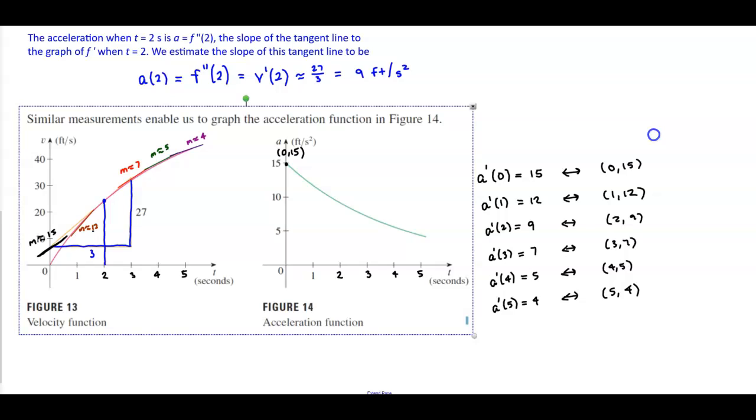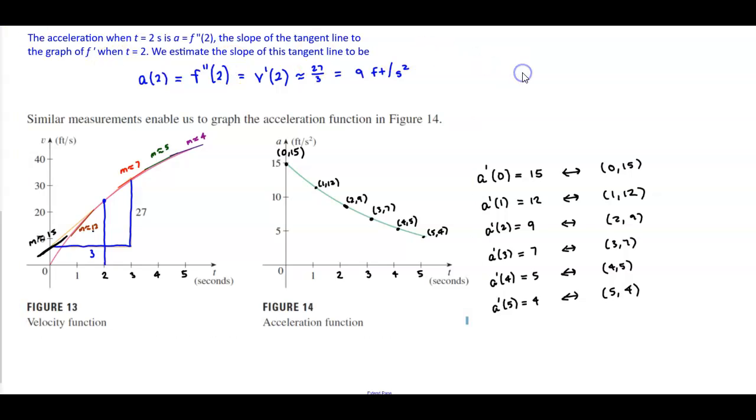And then at 1, approximately 12. At 2, we saw around 9. Then at 3, approximately 7. At 4, approximately 5. And at 5, approximately 4.